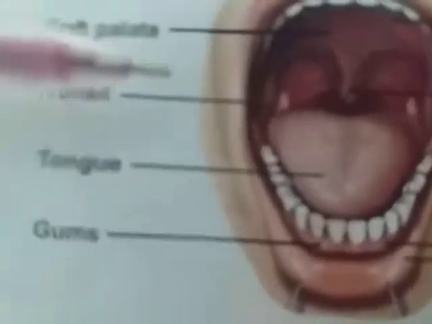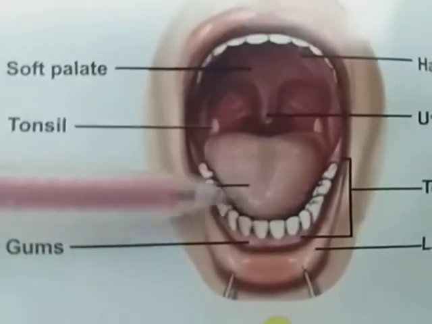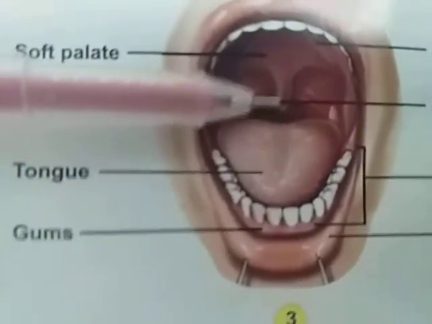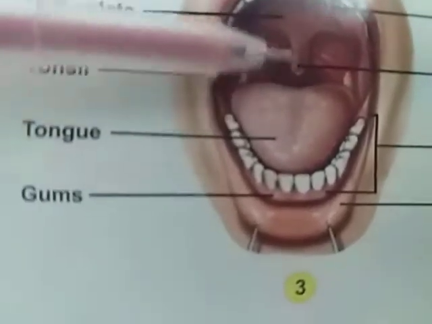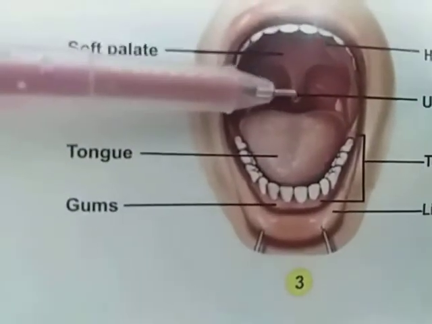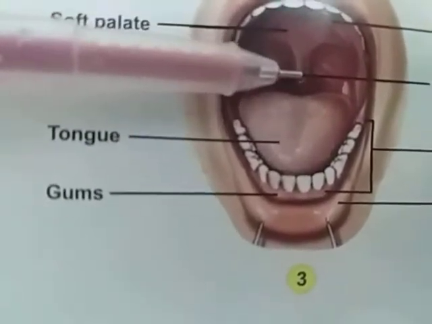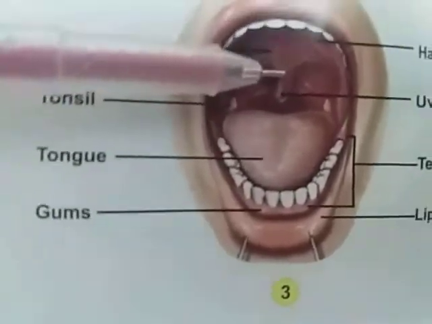Here this is tongue. These are teeth. Next, what about this? This is epiglottis. What is the use of this epiglottis?